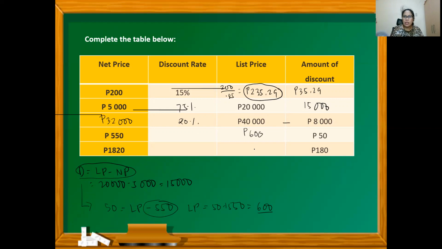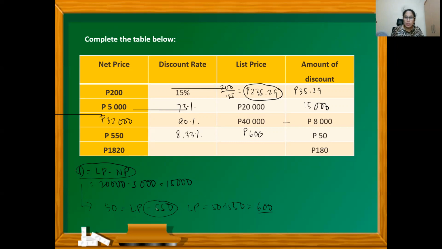And then the discount rate is 50 divided by 600. So that's 0.08333. So this has to be 8.33%. Now, for the last item, we can do the same way as what we worked on in the fourth row. So we will just add the two, and that is the list price.